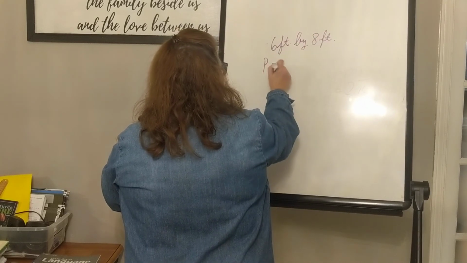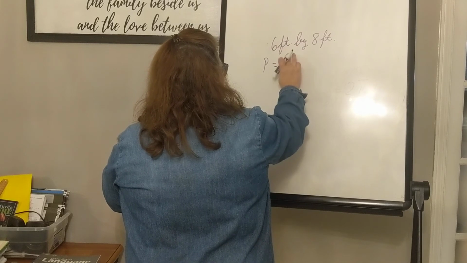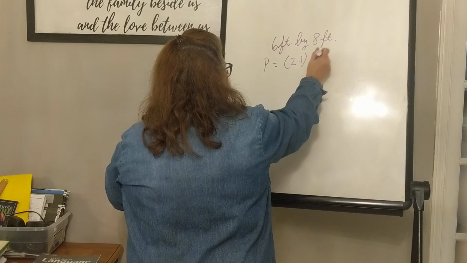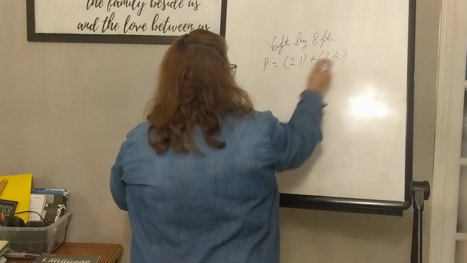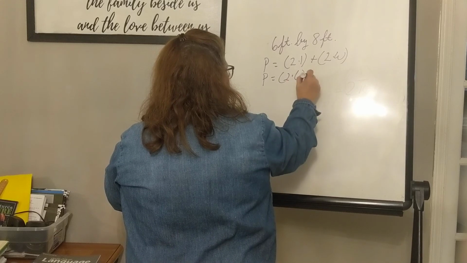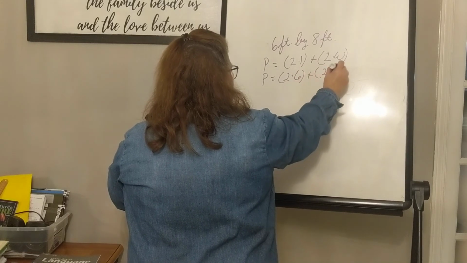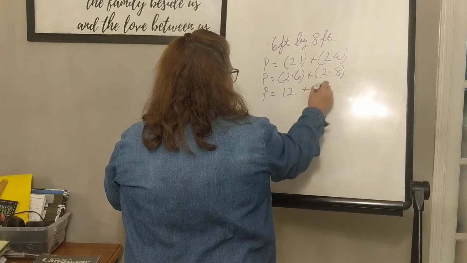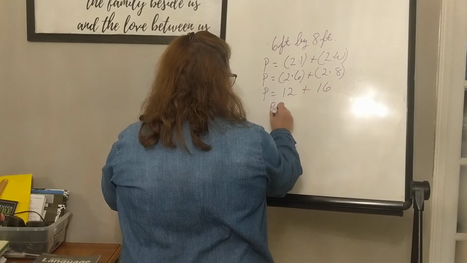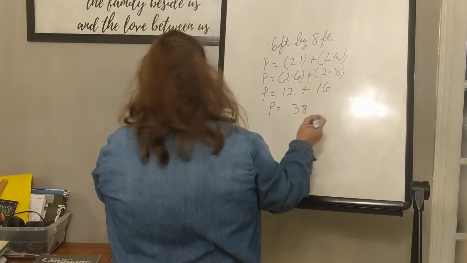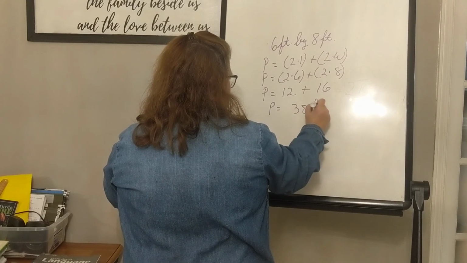Our perimeter equals 2 times the length plus 2 times the width. Perimeter equals 2 times 6 plus 2 times 8. Perimeter equals 12 plus 16. Perimeter equals 28, and our unit of measure is feet.